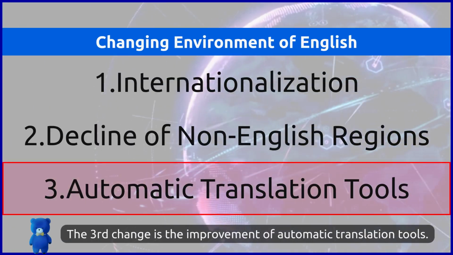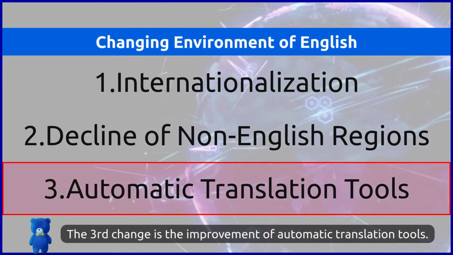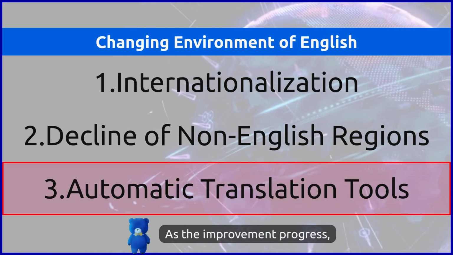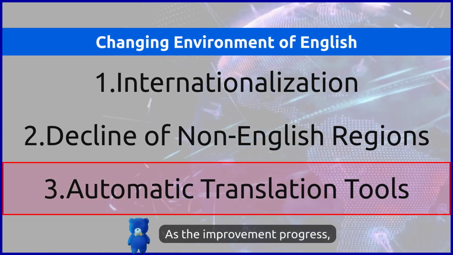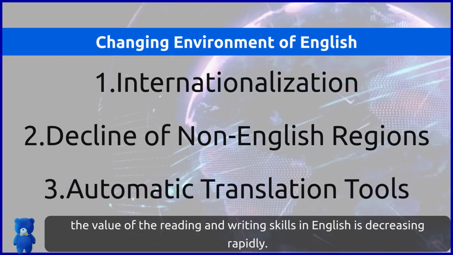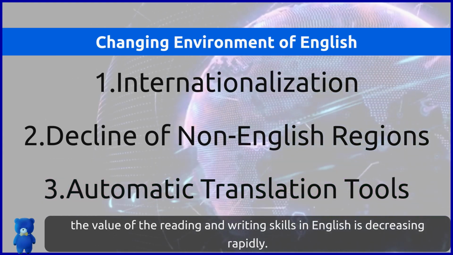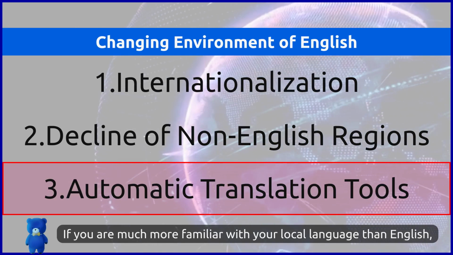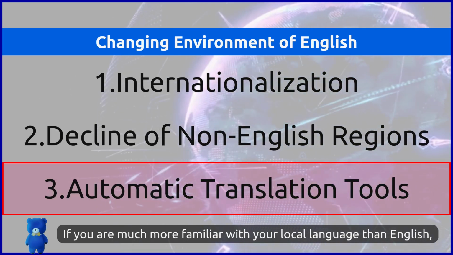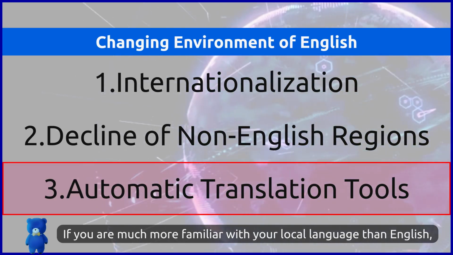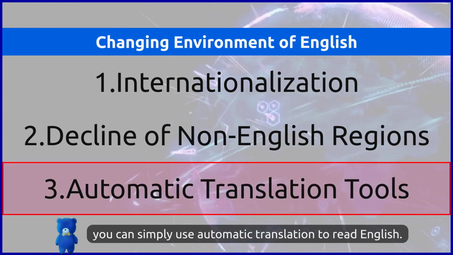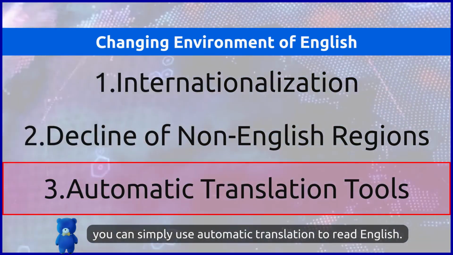The third change is the improvement of automatic translation tools. As the improvement progresses, the value of the reading and writing skills in English is decreasing rapidly. If you are much more familiar with your local language than English, you can simply use automatic translation to read English.